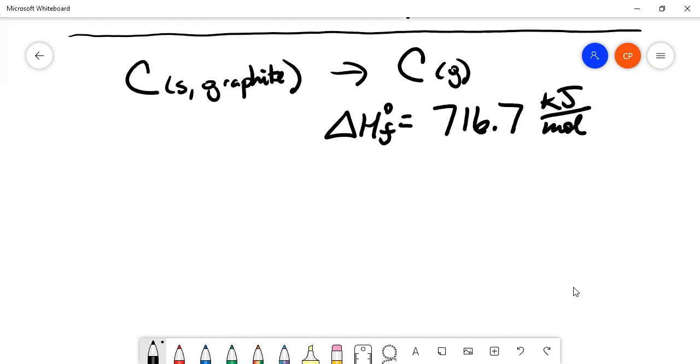That really, really mammoth enthalpy of formation for carbon in its gas phase is why we don't tend to see carbon take a transition from solid phase to gas phase, because it takes a lot of energy, even more energy than those of you writing notes this morning have been putting in. It takes a lot of energy to vaporize graphite.